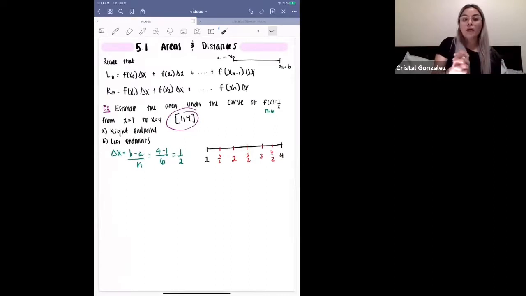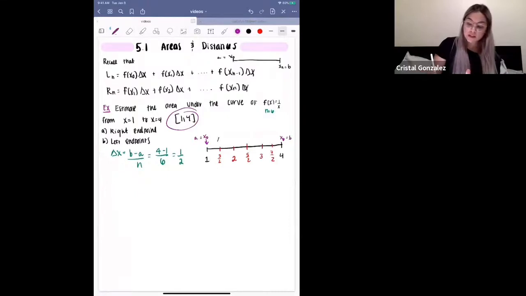Okay, so now we want to find our right endpoints. In order to do this, what I would recommend is that you label these when you're first doing these until you fully understand them or get a hang of these problems. So my first spot is my x naught, because remember that's the same as a. And then this is my xn, where my n value is 6, which is the same thing as my b value.